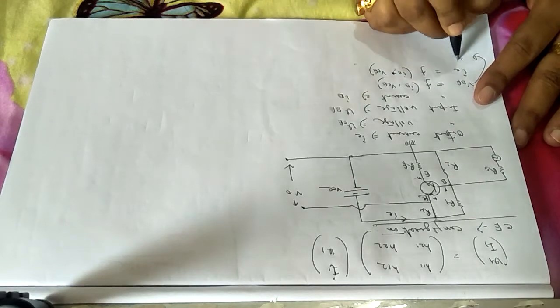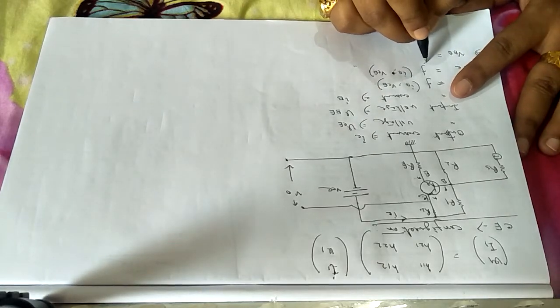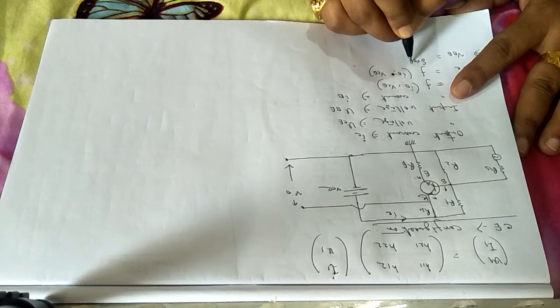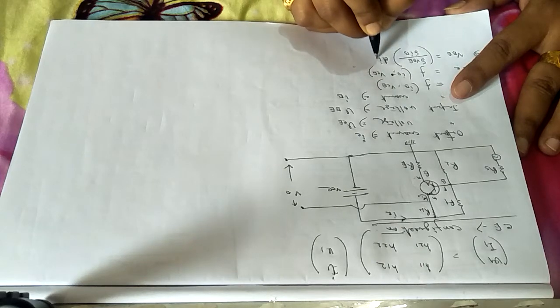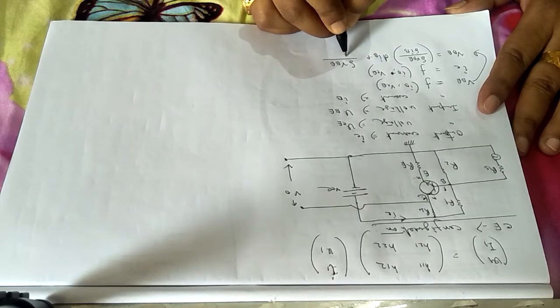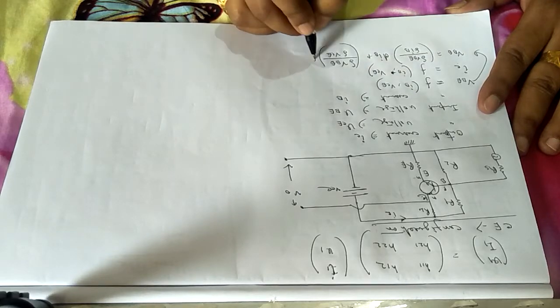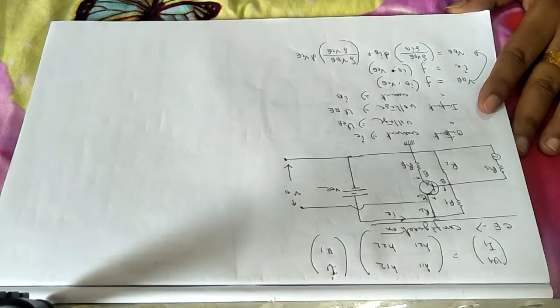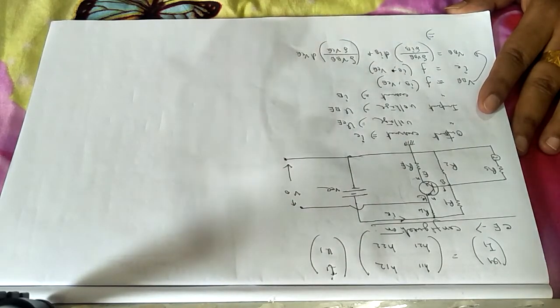So from this line, I write dVBE equals delta VBE by delta IB into dIB plus delta VBE by delta VCE, differentiation with respect to the other term, into dVCE. Now introduce the hybrid parameters as you did in the previous case, H11, H12, H21, H22.